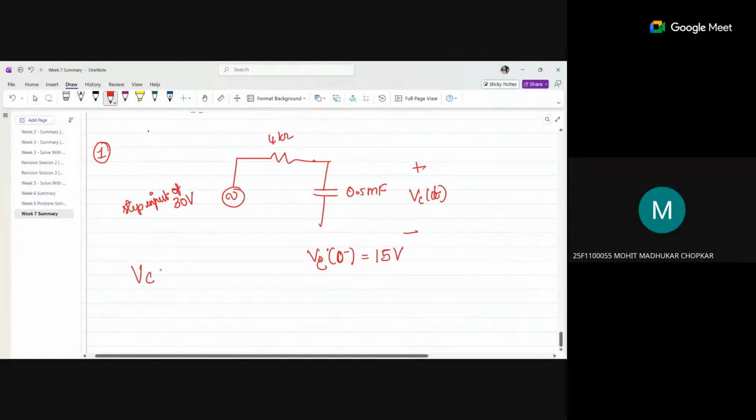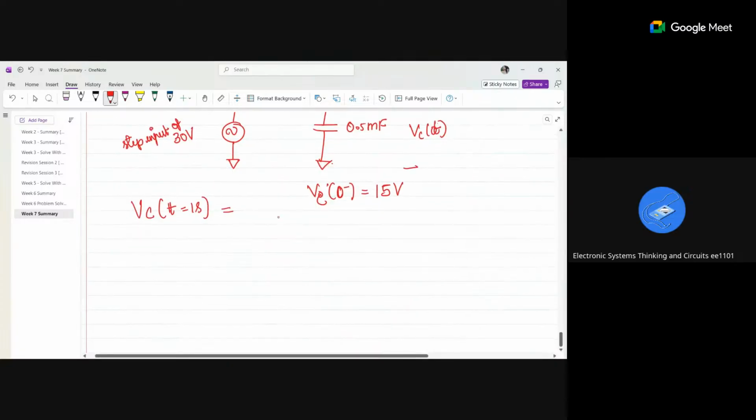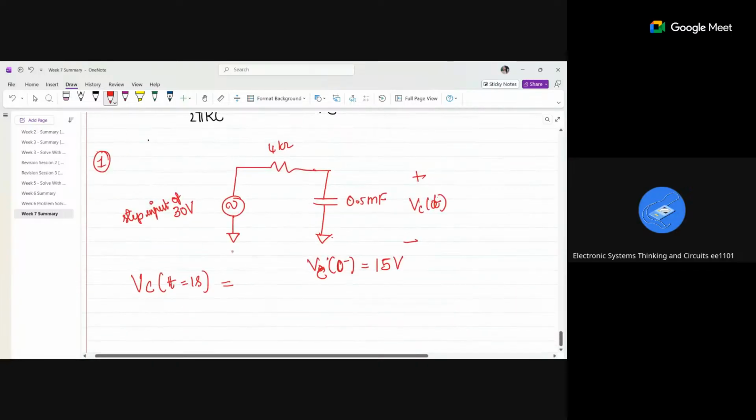Okay, at time is equal to 1 second. Find and tell me, what is VC of t at time t is equal to 1 second? 15 volt, 30 volt, 4K, 0.5 milli.